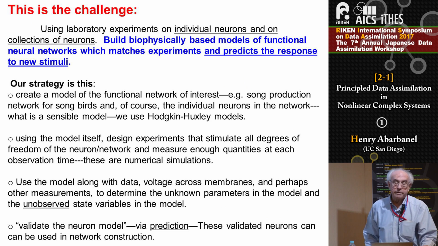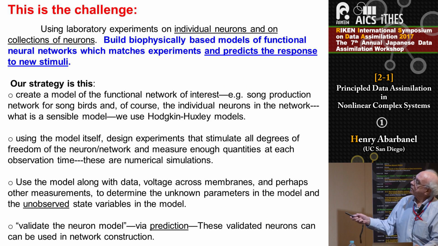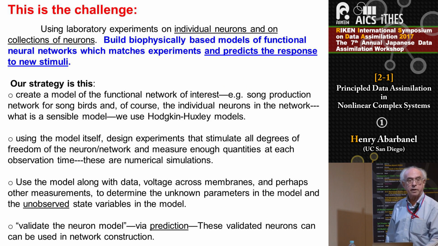All right, this is the challenge. Using the laboratory experiments, build these biophysically based neurons, and design the experiments using data assimilation methods, basically what you call OSSEs and we call twin experiments. All right? And those are used to design the experiments that you can carry out in the laboratory.